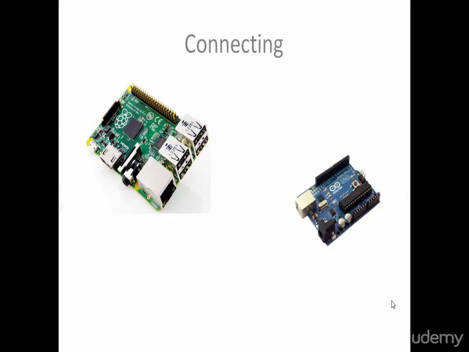Now we have our Raspberry Pi and we have our Arduino. They both are going to connect via serial communication. I will not go into the computer science details of serial communication, but to be very simple, serial communication is a communication where data is sent sequentially.